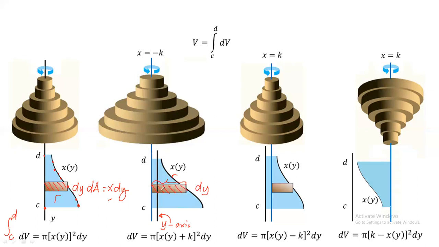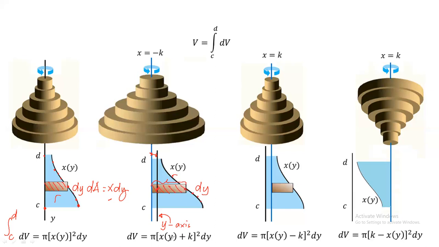All you know is that from the y-axis to any point on this function of y or x of y, that is equal to the equation of the function itself in terms of y. What about this one? You need to account for this because you need to add this small portion, this portion here, to this function of y.